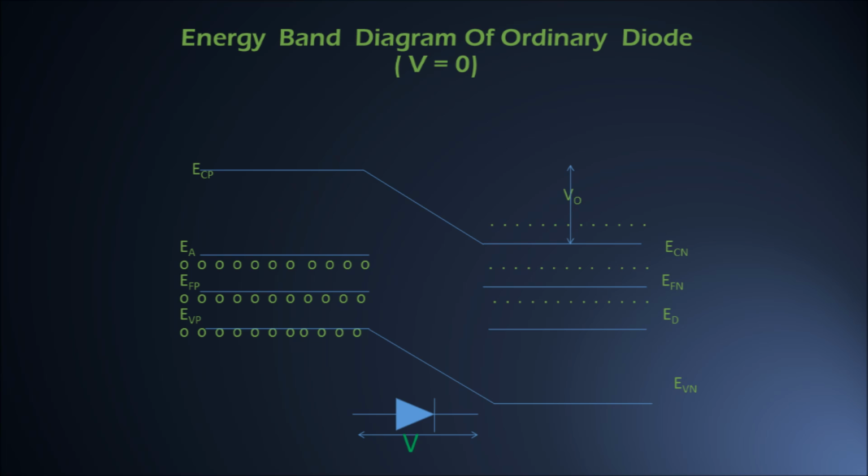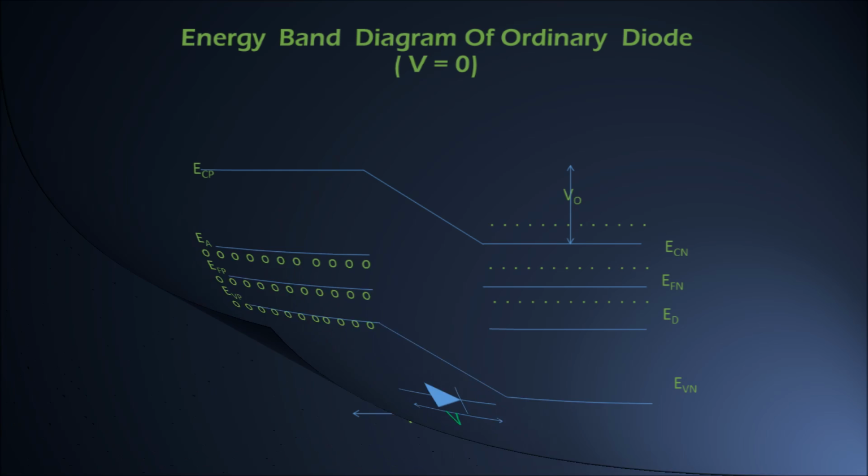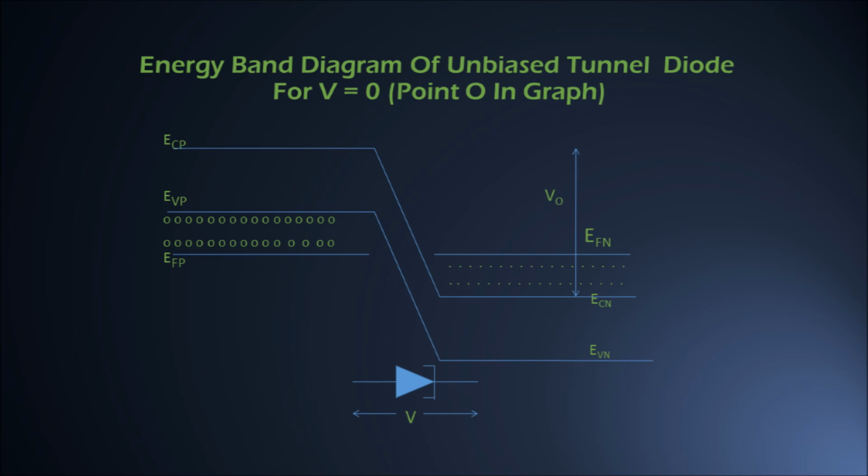Now, let us see what the shape of the energy band diagram is in case of a tunnel diode. When the tunnel diode is unbiased, the energy band diagram is as shown in this slide. In case of a tunnel diode, due to very high doping concentration, the value of V naught, that is the height of the potential barrier, is very high, and the width of the depletion layer becomes very small.